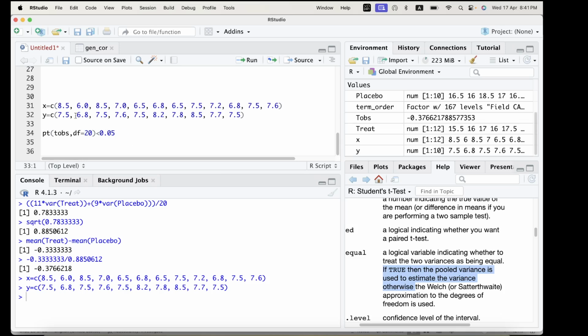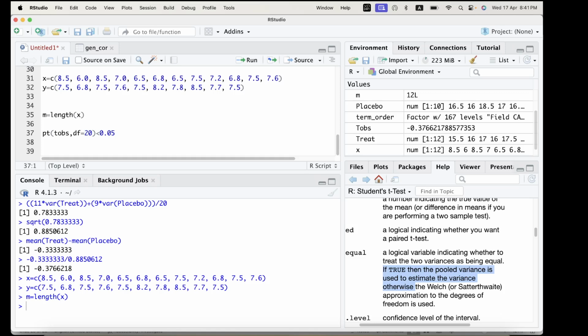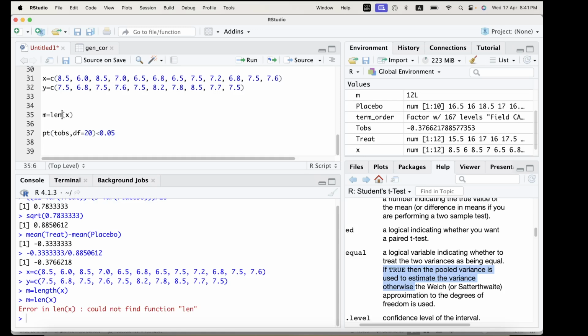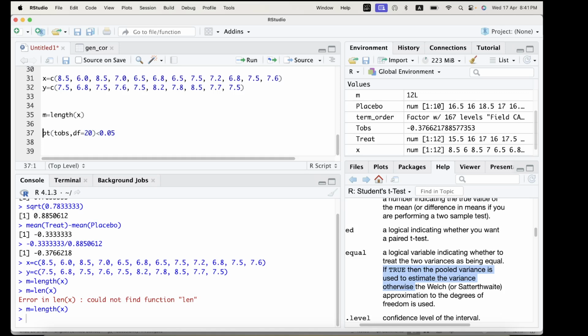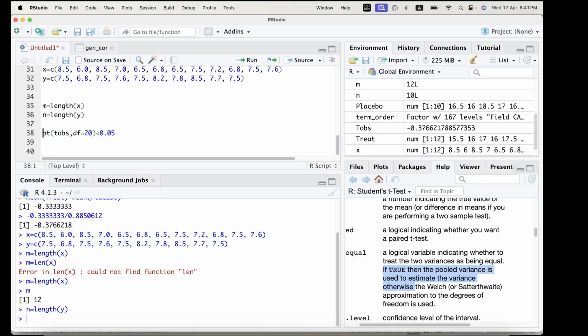What we have to find out is, m is actually length of x, length of array, 12. Okay, and n equal to 10.